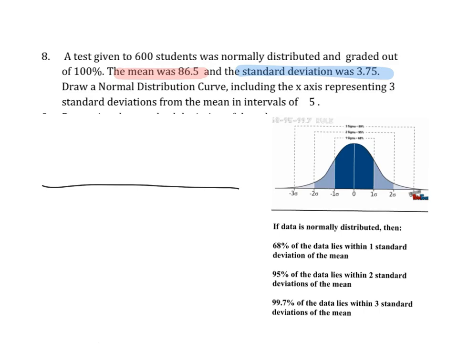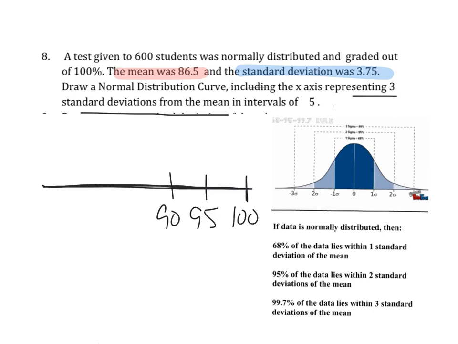Draw a normal distribution curve, including the x-axis, so that's what this horizontal line represents, representing 3 standard deviations from the mean in intervals of 5%. Basically they want us to use intervals of 5%. We know that this test goes up to 100, so we'll label every 5.